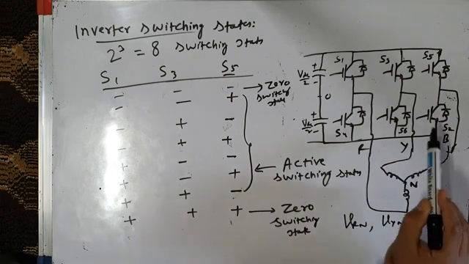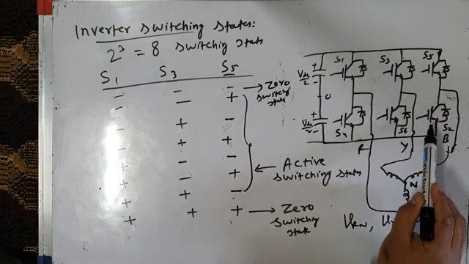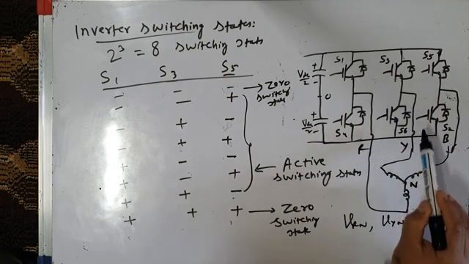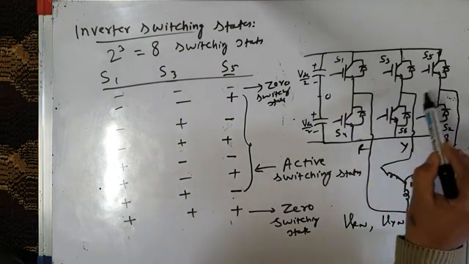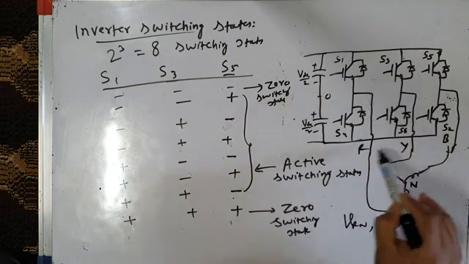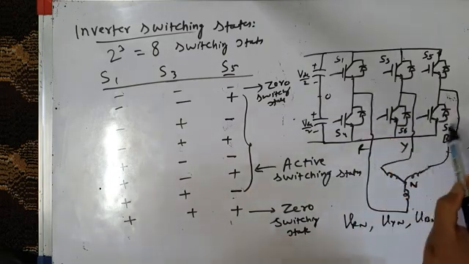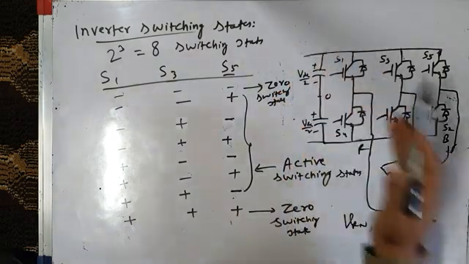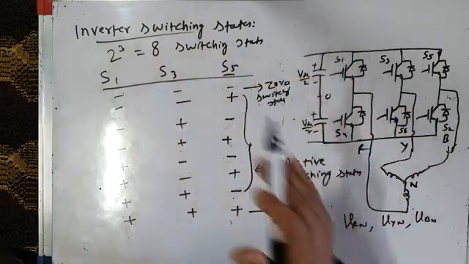Remember, we have already discussed it in triangle comparison based PWM techniques. When all the 3 bottom switches are on, your load is shorted through these bottom switches. Your load is not connected to the DC input source.